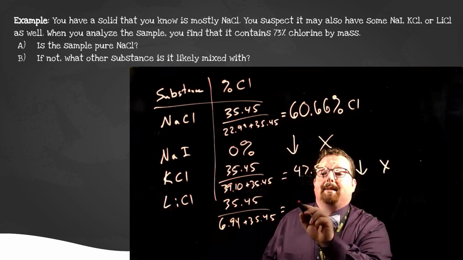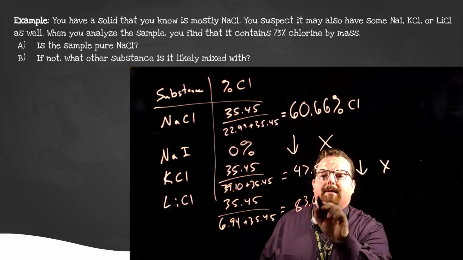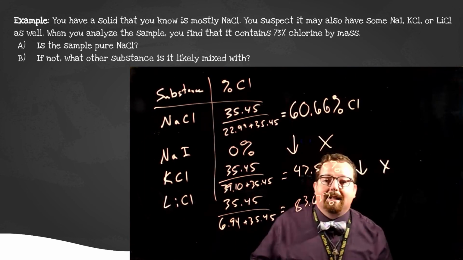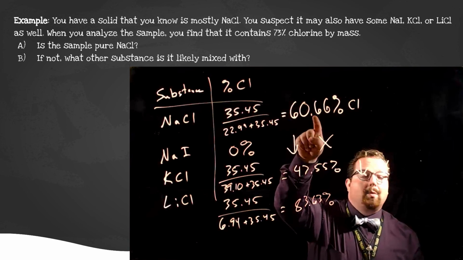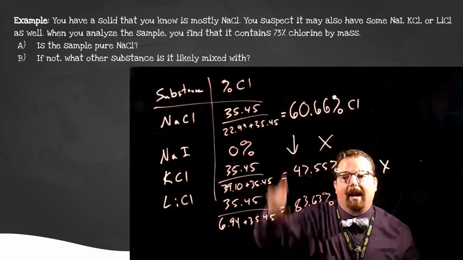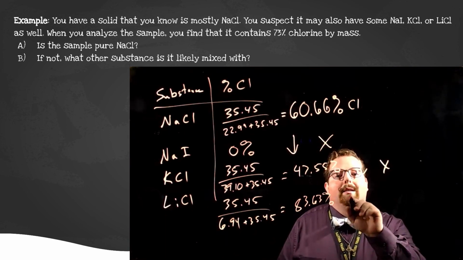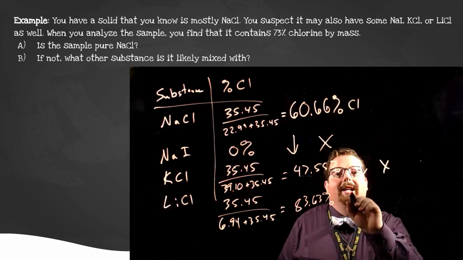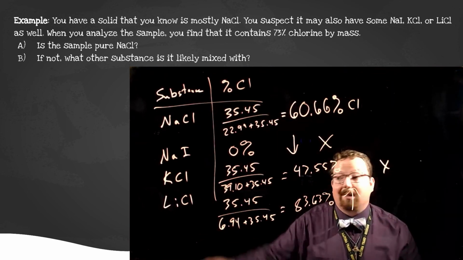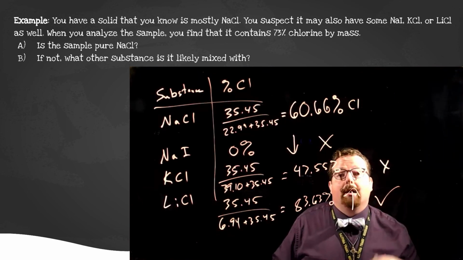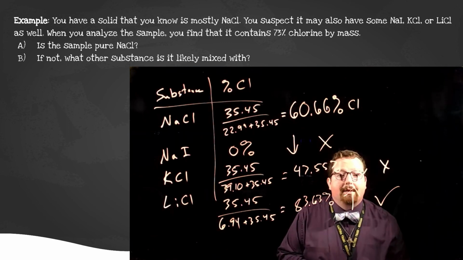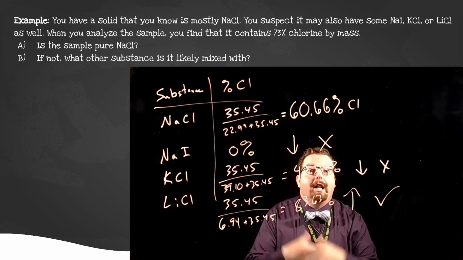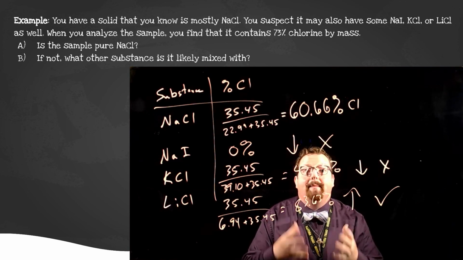In fact, it comes out to 83.63%. Since this number is higher than this one, when we average them together or mix them together, then our percent chlorine would increase. So lithium chloride is probably our culprit. It's probably what our sodium chloride is mixed with, making it no longer a pure substance, but a mixture.